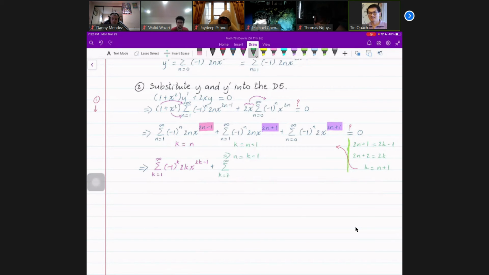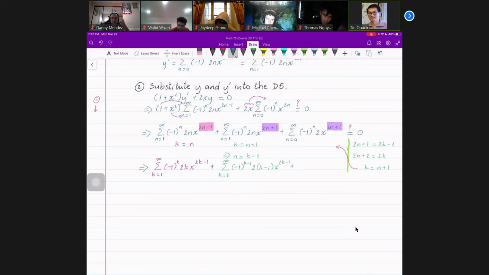And then negative 1 to the n is k minus 1, and then 2n is 2 times k minus 1, I'm sorry. And then x to the 2n plus 1, now it is 2k minus 1.